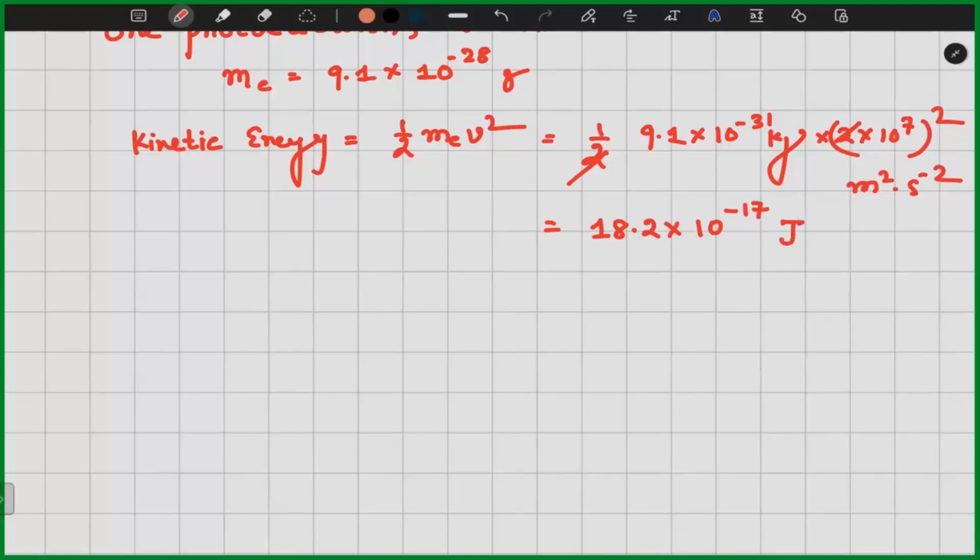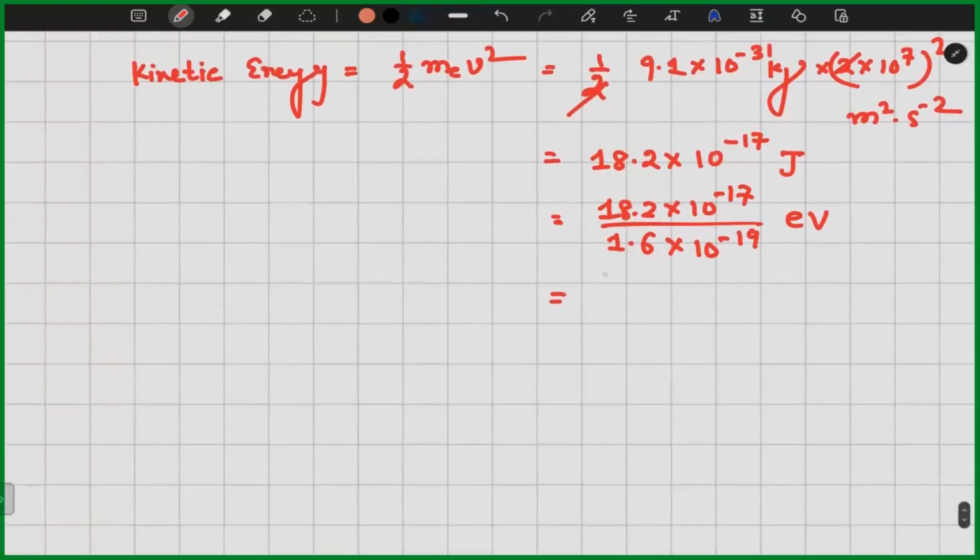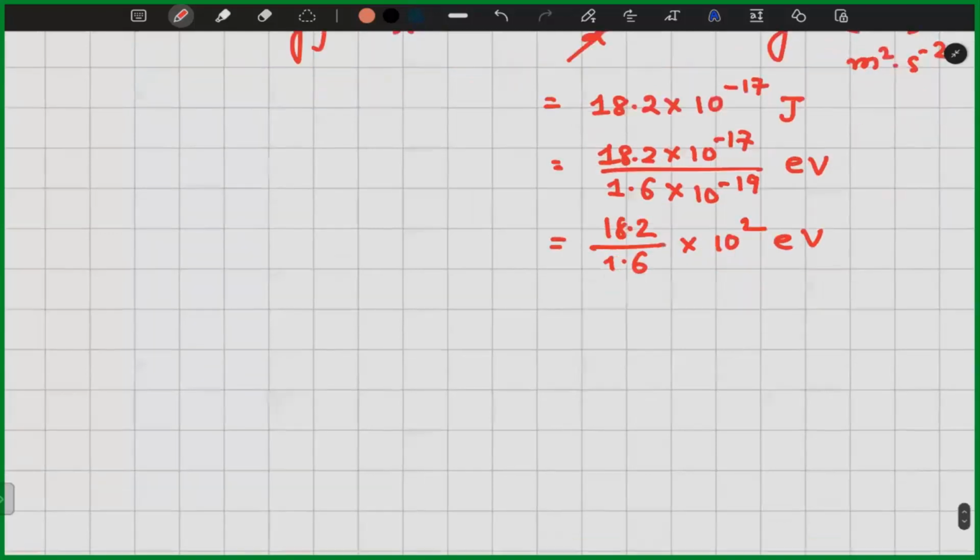Now they are asking in terms of electron volt. Then we also have to divide by 1.6 into 10 to the power minus 19. This will be in electron volt. So if I do that, it will be 18.2 by 1.6 into 10 square electron volt.